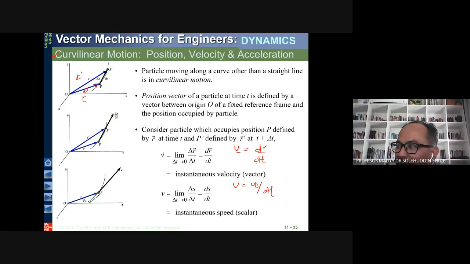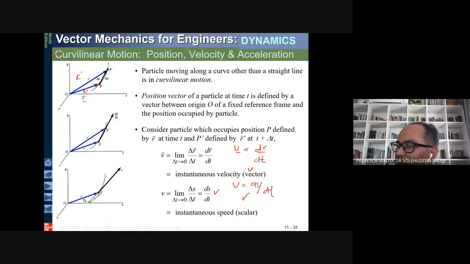I hope you can differentiate between R and S here. R and S are not the same, because R is the position vector, and S refers to the length of the curve, which is from here to here, so you move along this curve. So we have here instantaneous speed, which is ds dt, and instantaneous velocity, which is a vector.